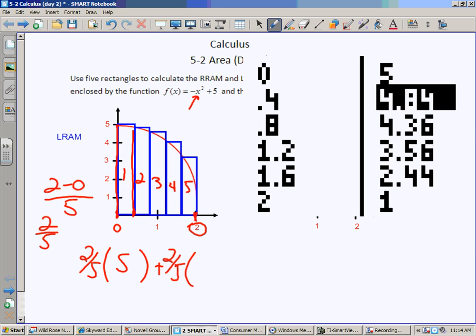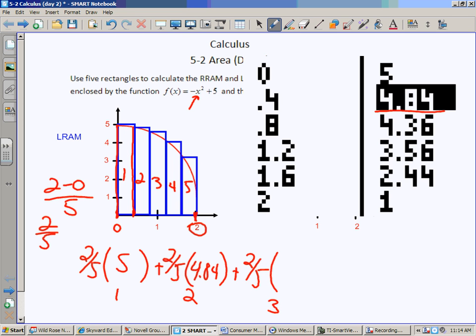That'll tell me how tall which rectangle is. 1, 2, 3. That tells me how tall 2 is, right? And how tall is 2? Well, it's 4.84. So basically, here's where I would number them. Here's rectangle 1. Here's rectangle 2, right? Just so you can keep track of it. So here's 2/5. This is going to be rectangle 3. So which y value am I going to use over there of the ones we've got?